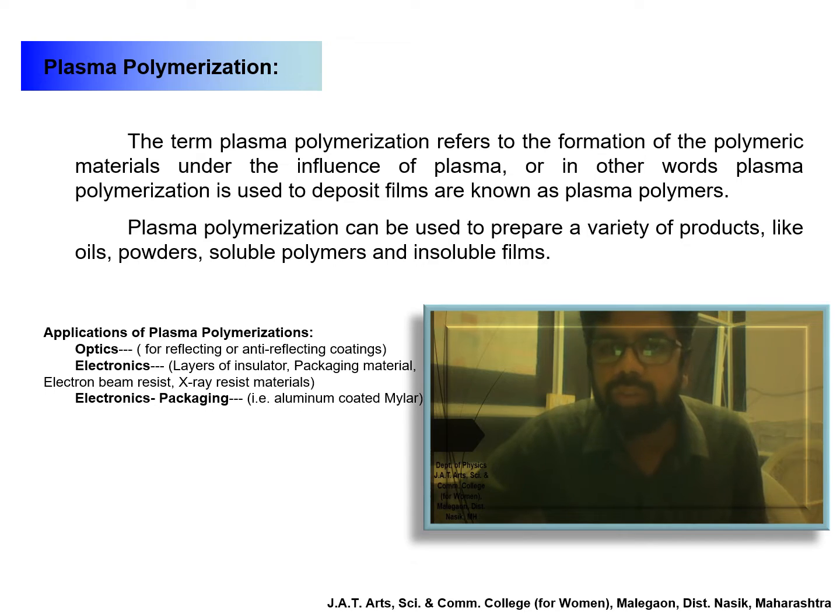In electronics, we can make ultra thin layers of insulator, packing material, electron beam resist and X-ray resist material. In electronics packaging, we can make aluminum coated bilayer. Apart from all these, we can make ultra thin films like gold coating on our watch.